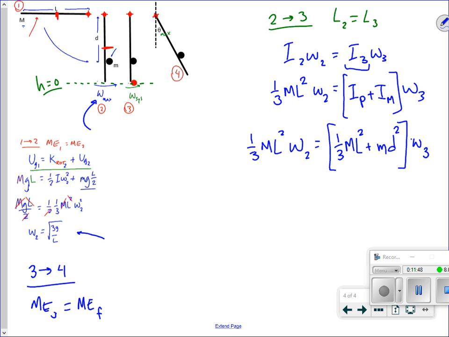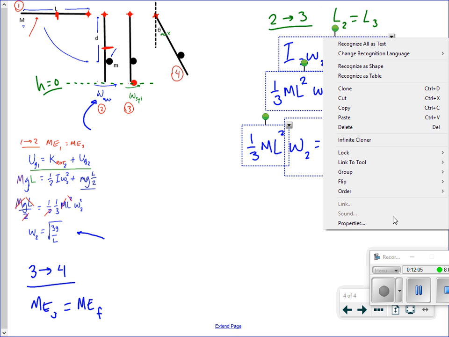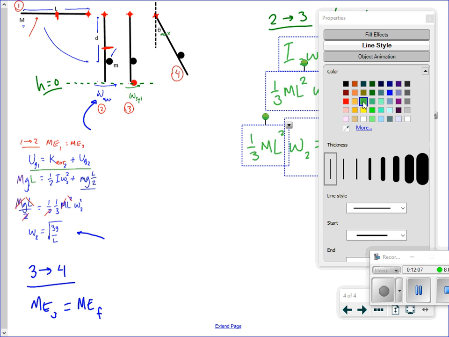All right. What's there to simplify here? Not a ton, probably. I wish I had done this in a different color, so I will do that now.